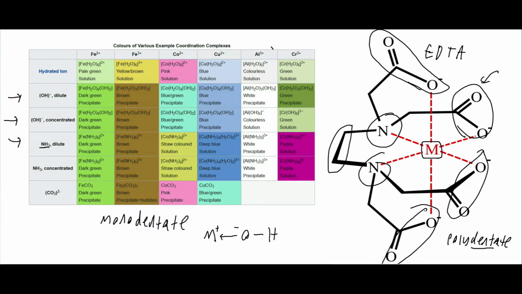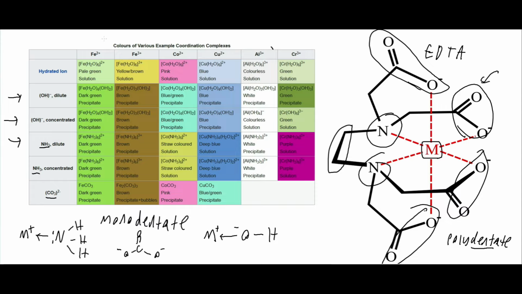We also have ammonia, which has three H's on it and a lone pair of electrons, which will also complex with the metal. And then we also have this CO3, which is a C double bond O like that, with negative and negative, and those will bind to metal ions.